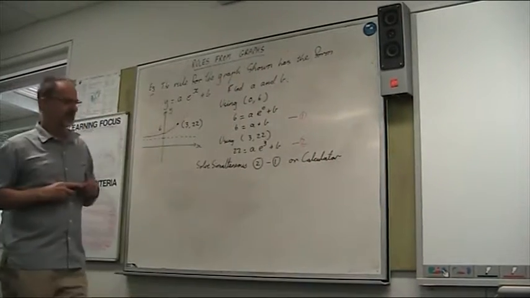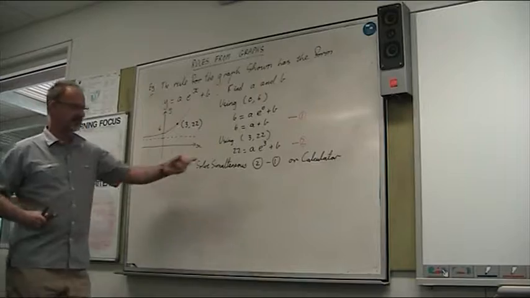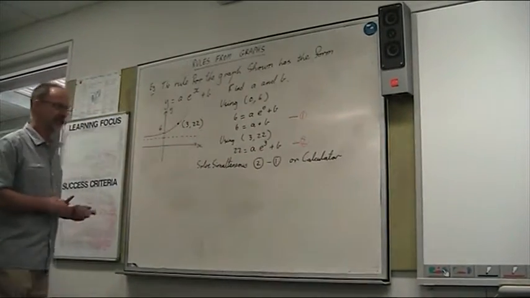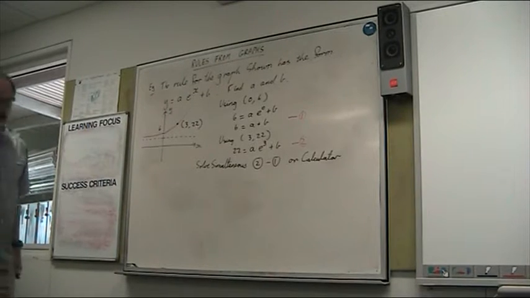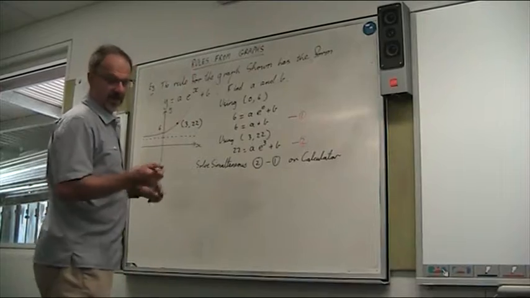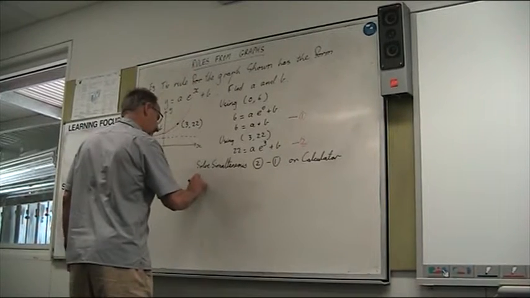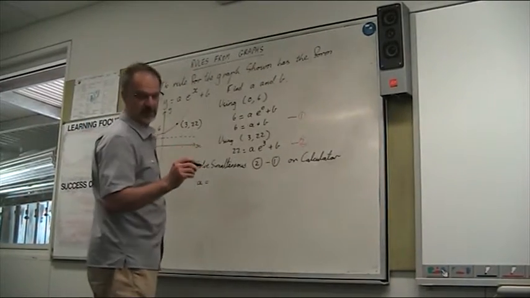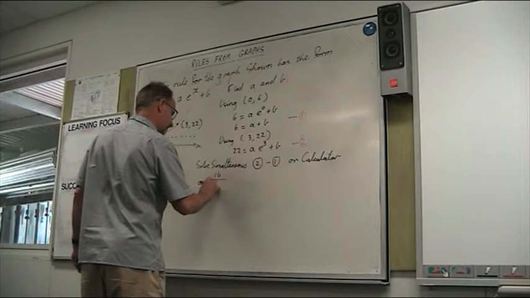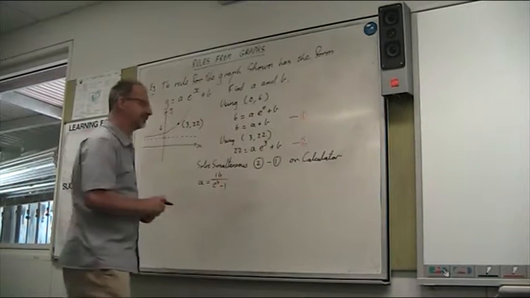So if you wanted to do it by hand, you could go equation 2 minus equation 1. That would eliminate the b's, or you could use your calculator. And if you do that, you find that a is equal to 16 over e to the 3 minus 1.